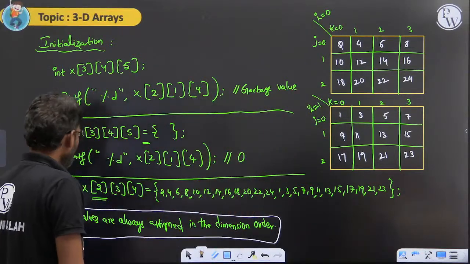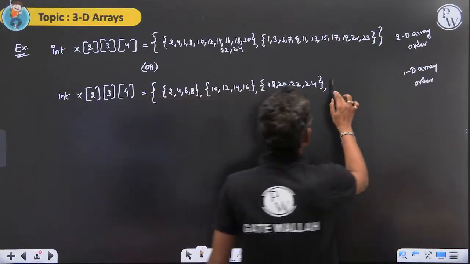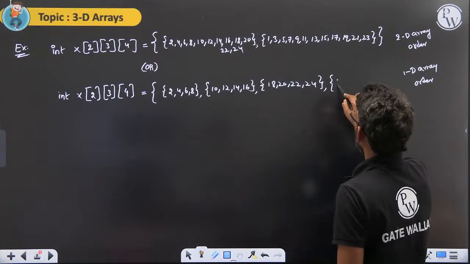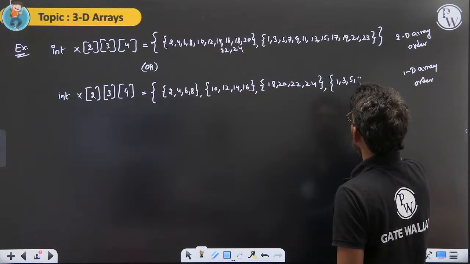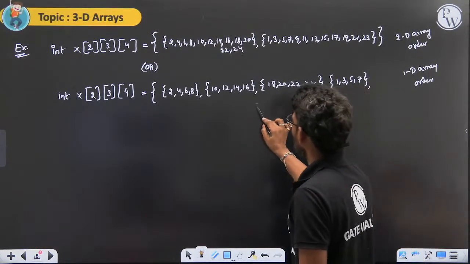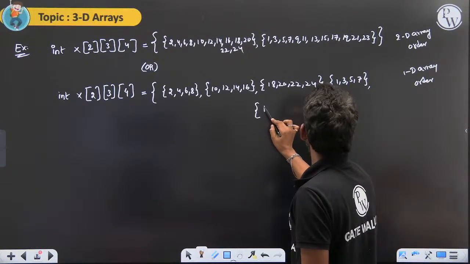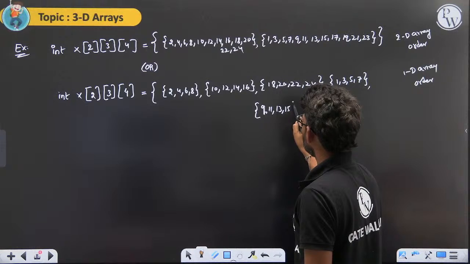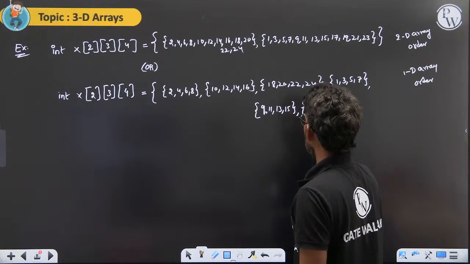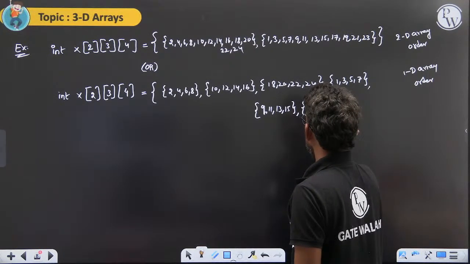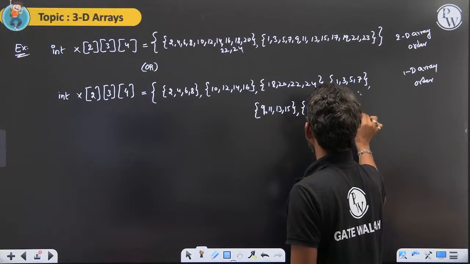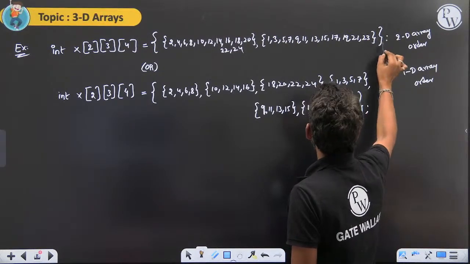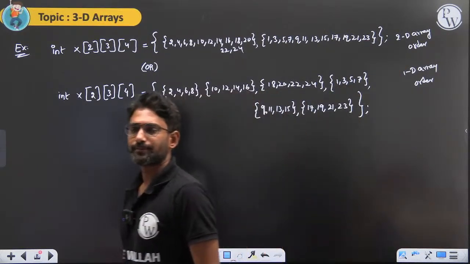Fourth 1D array, 1, 3, 5, 7. Fifth 1D array, 9, 11, 13, 15. Last 1D array, 17, 19, 21, 23. Like this also you can give.